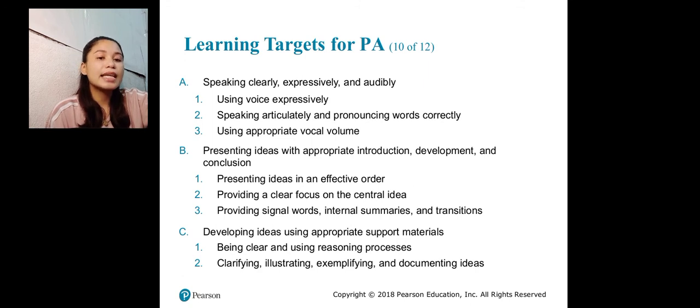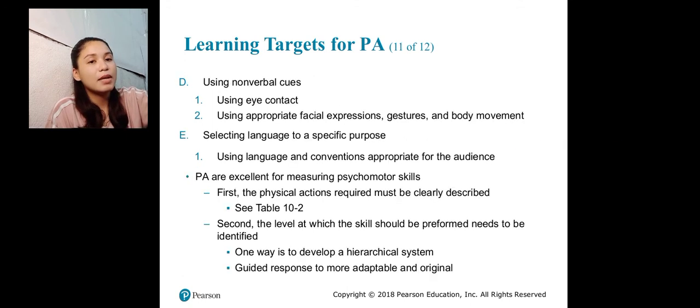For developing ideas using appropriate support materials, we have being clear and using reasoning processes, clarifying, illustrating, exemplifying, and documenting ideas. For using nonverbal cues, we have using eye contact, appropriate facial expressions, gestures, and body movement. For selecting language to a specific purpose, using language and conventions appropriate for the audience.